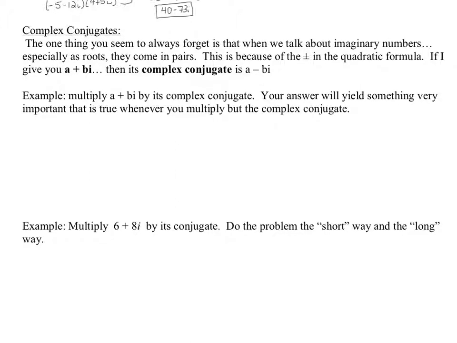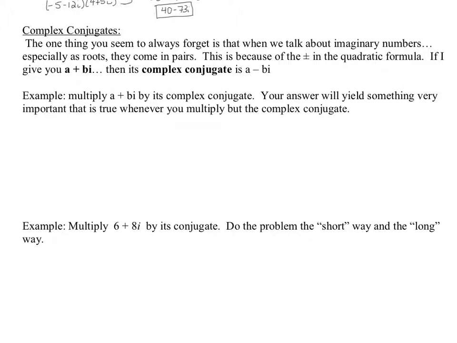All right, so complex conjugates. This is a real important subject because something magical happens right here. The one thing you seem to always forget is that when we talk about imaginary numbers, especially as roots, they come in pairs. This is because of that plus or minus in the quadratic formula. If I give you a plus bi, then its complex conjugate is a minus bi.